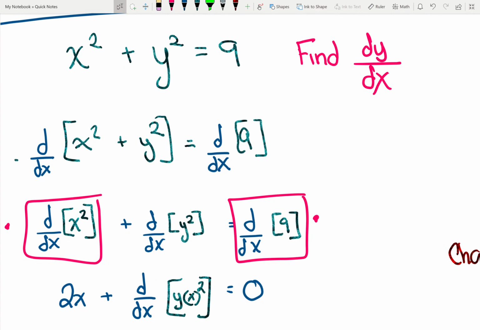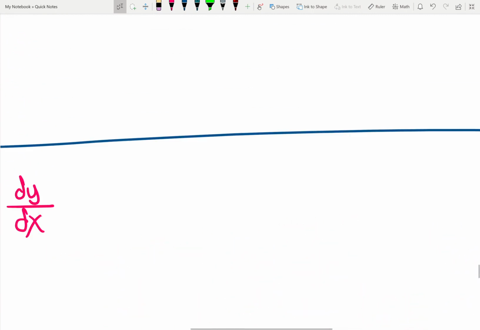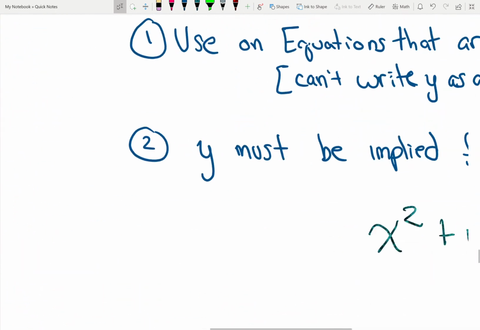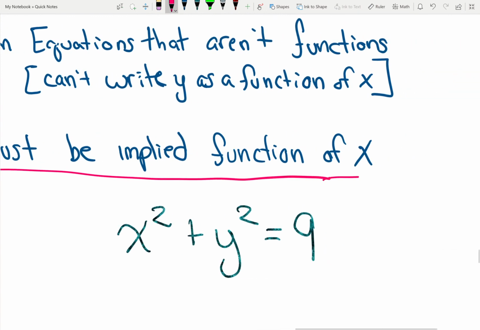What you're going to do here is rewrite y as a function of x. Because in order to do implicit differentiation, y must be an implied function of x.